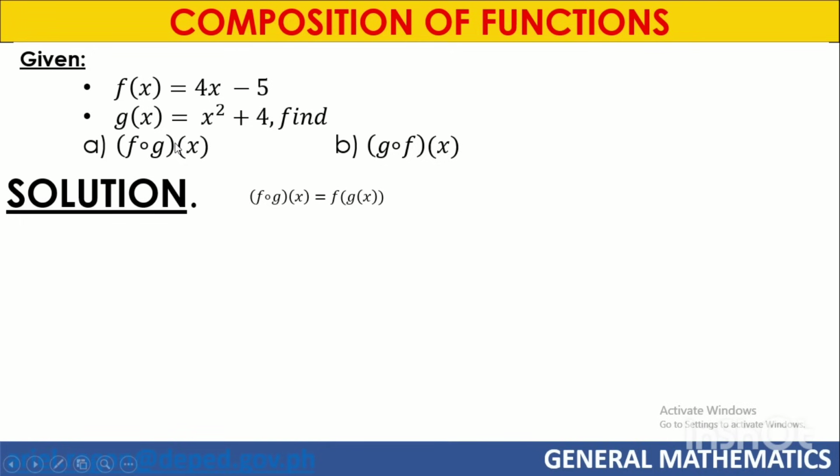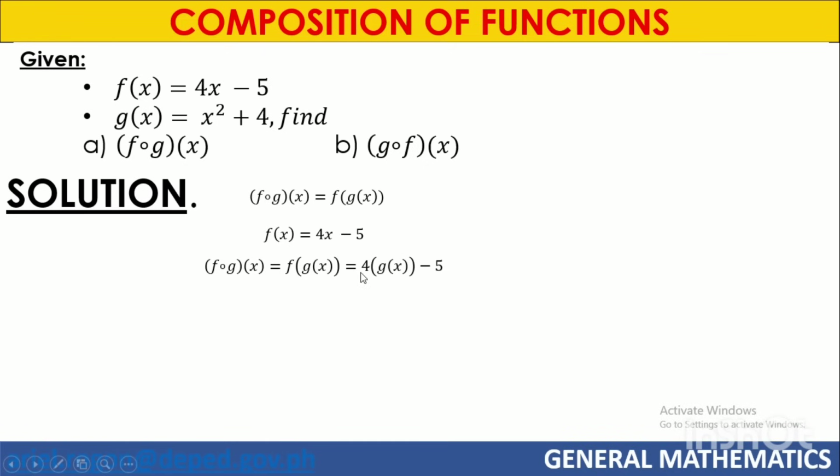So ibig sabihin, we replace x by g of x. So ano ba yung g of x? X squared plus 4. So papalitan natin yung x dito ng g of x. So f of x is equal to 4x minus 5. And this one, sabi kanina, given the equation, we need to replace x by g of x.